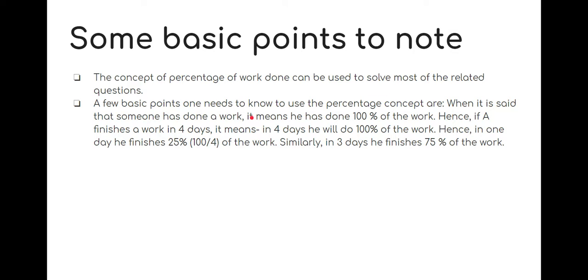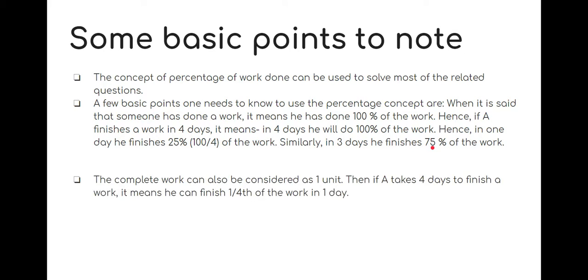So if A finishes a work in 4 days, then by the simple unitary method, 100% of the work has to be distributed over 4 days. On average, he finishes 100 by 4, that is 25% of the work. Similarly, by the unitary method, in 3 days he will be able to cover 75% of the work, that is 3/4 of 100%.